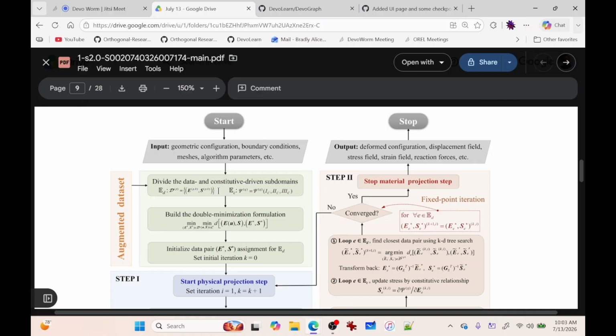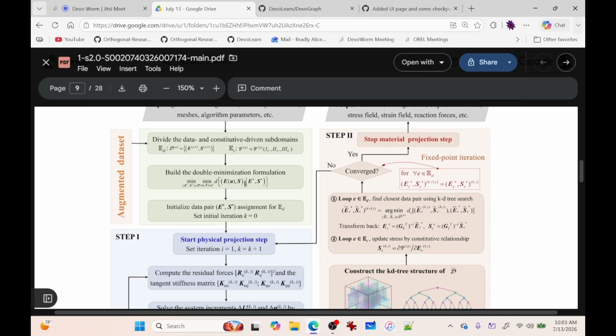So we divide that into ED and EC respectively. Then we build the double minimization formulation. So this is the double minimization step. Then we initialize our data pair, E and S, as an assignment for ED. We set our initial iteration k equals 0. Okay, so that's our augmented data set.